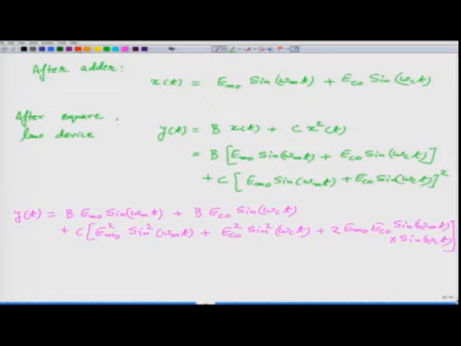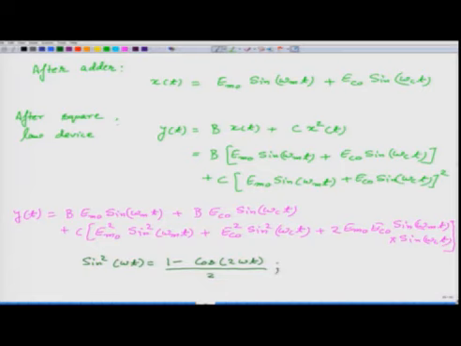Now, let us use the following substitutions. The first one is that sine squared omega t can be written as 1 minus cos 2 omega t, divided by 2.